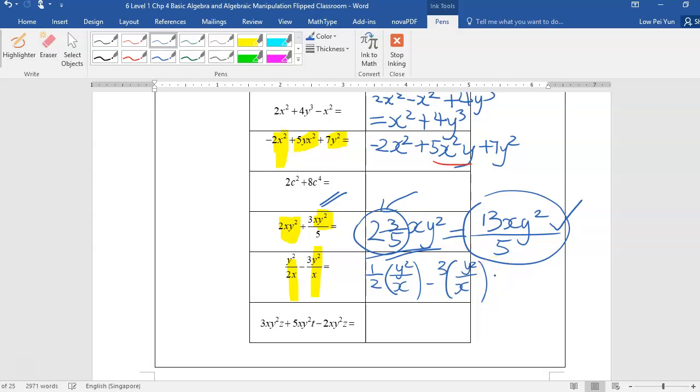Then now we have to remember our negative numbers. Half minus 3 is negative 2 and a half times y squared over x. And like I've said earlier, I prefer this to be an improper fraction. It will be negative 5y squared over x.